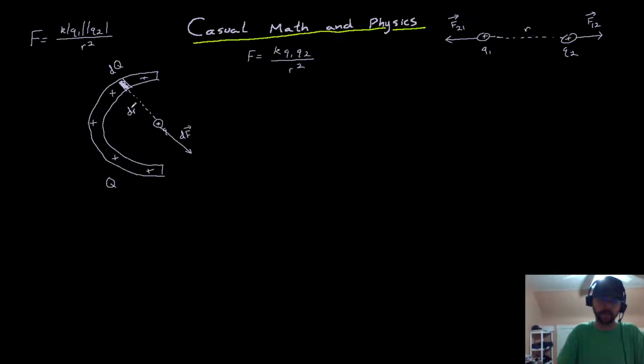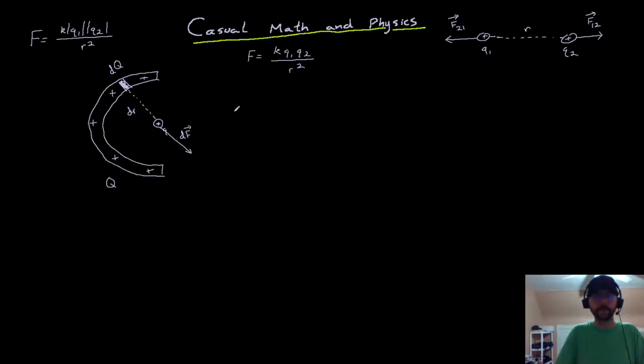This is a vector too. I guess I could write it there. Technically, they usually leave it off, because that's why you put the r hat at the end. So I'll leave it off. So this is what one infinitesimal piece of our final net force looks like from the one infinitesimal piece of charge.